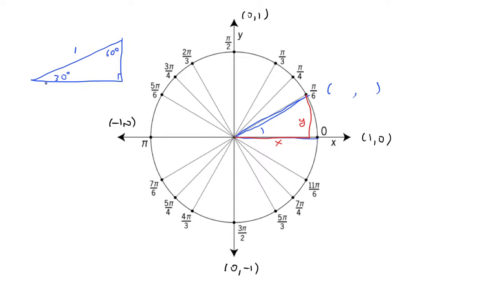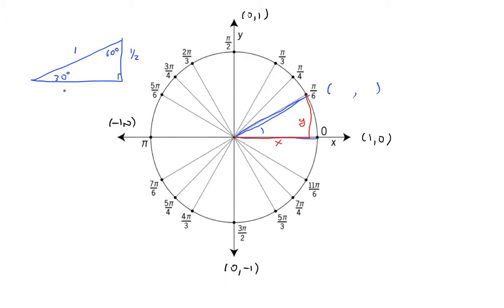The side opposite the 30-degree angle is always half of the hypotenuse. So if the hypotenuse has a length of 1 here, then this length must be 1/2.